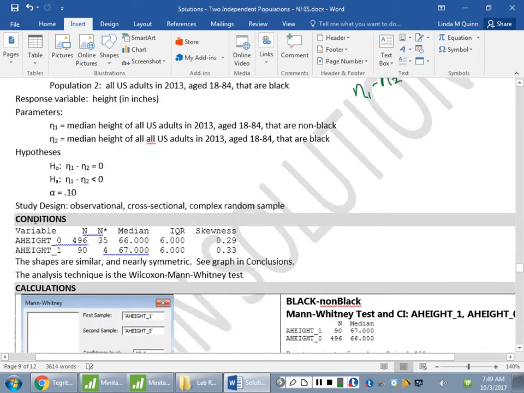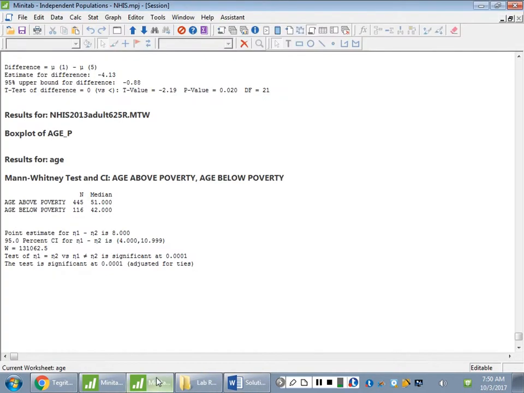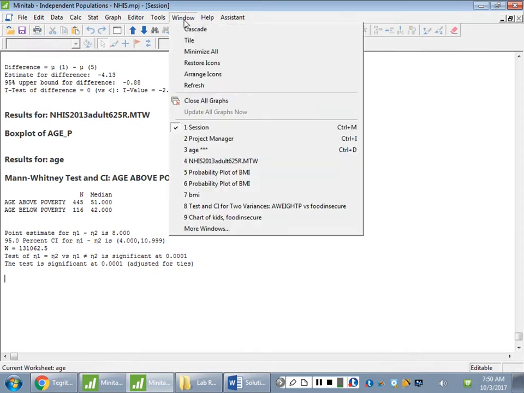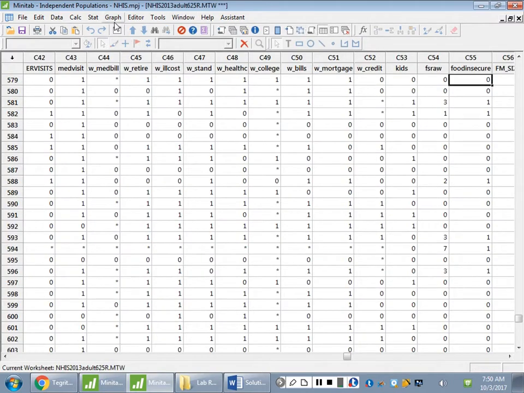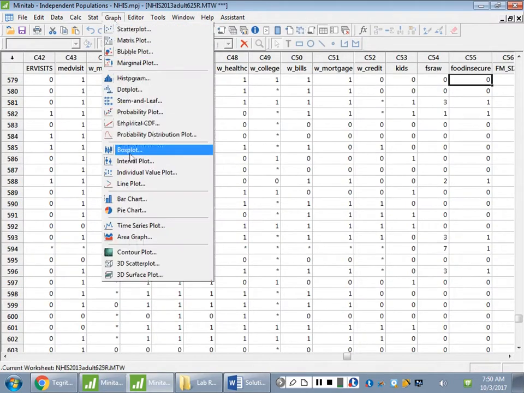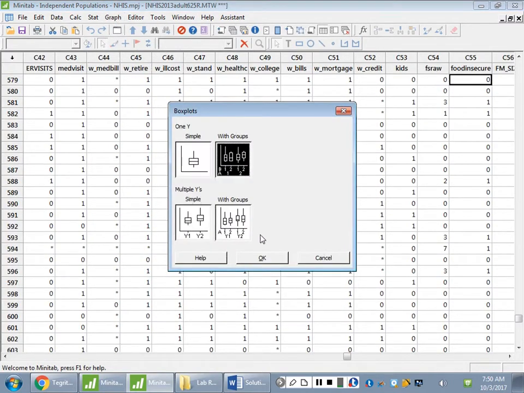Once again, going to my condition section, I can either get the skewness for each of the groups, or I can do my graph. So let's go do a graph in Minitab. I want to make sure I'm on the right window, so I'm going to make sure I'm on the full data set here. I'm going to do a graph, box plot, in this case with groups.